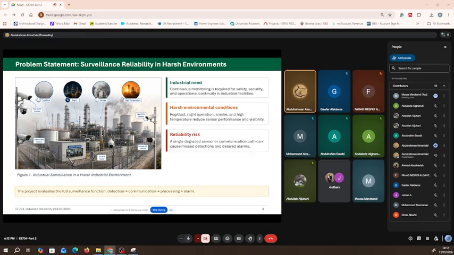Also, the surveillance system does not depend only on the camera. Even if the camera detects something, the data must still be transmitted through the communication network and processed by the control center and converted into an alarm. So in the project, I will evaluate the complete surveillance function: detection, communication, and alarm generation.